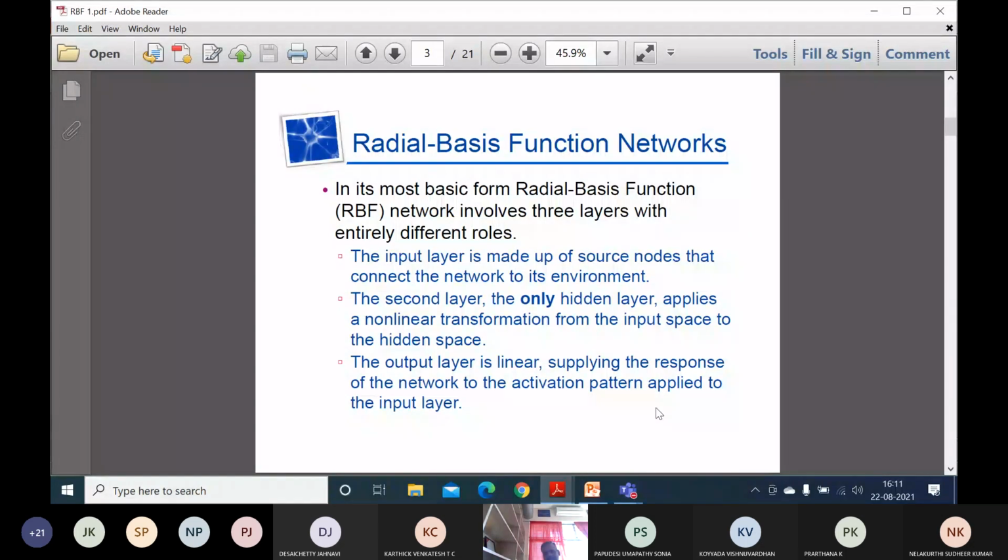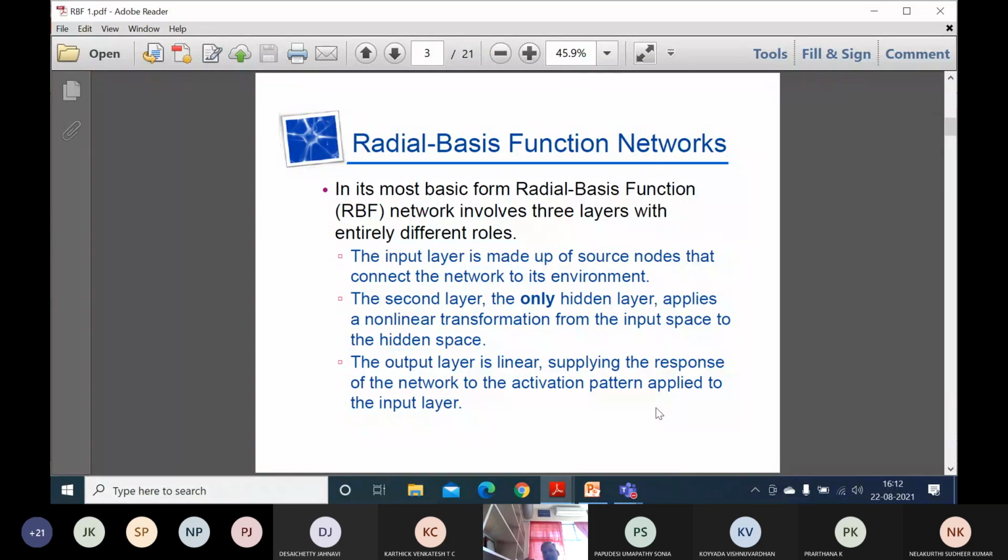In back propagation or multi-layer perceptron, MLP, you have linear functionality, but here we have non-linear transformations.